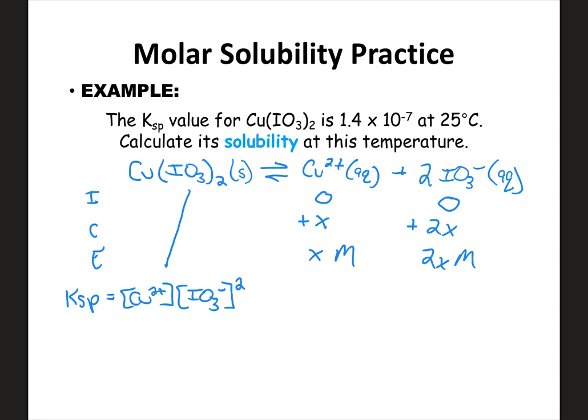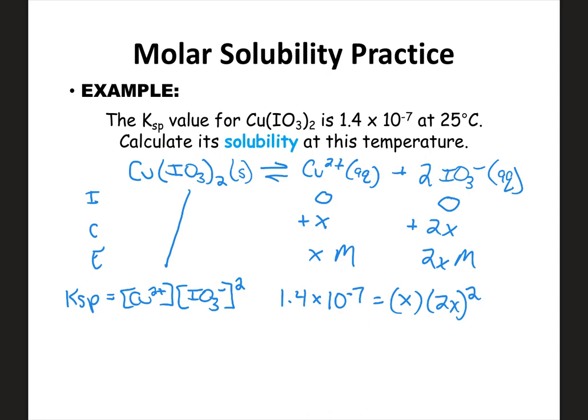So that is our equilibrium constant expression here. So we can plug in what we know. We know that the KSP, according to the problem, is 1.4 times 10 to the minus 7. And this would be equal to the concentration of Cu2+, which according to our ice table is X, times the concentration of the IO3 minus, which we know is 2X, but we have to square it because of the equilibrium constant expression.